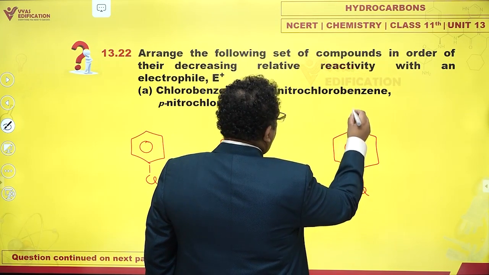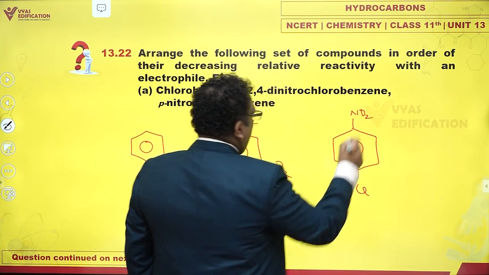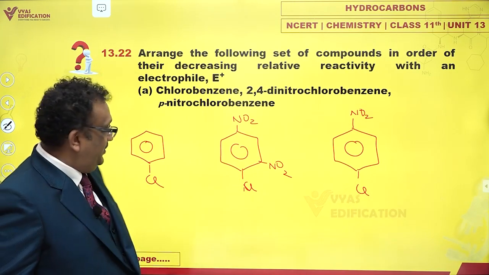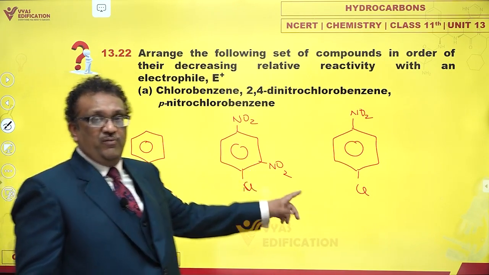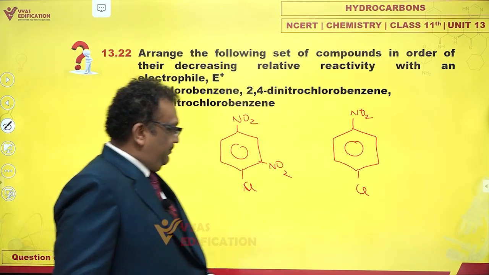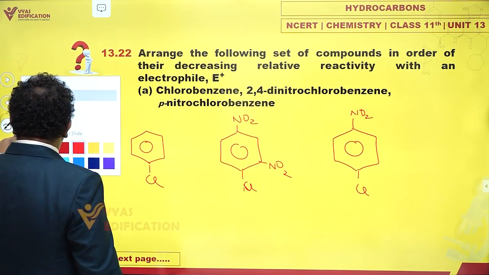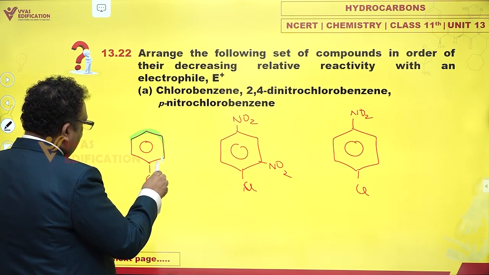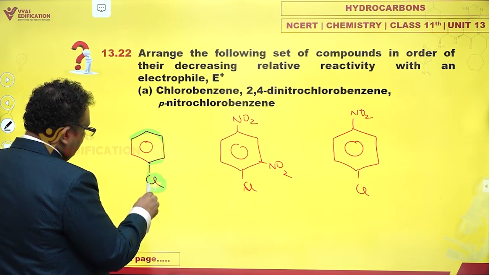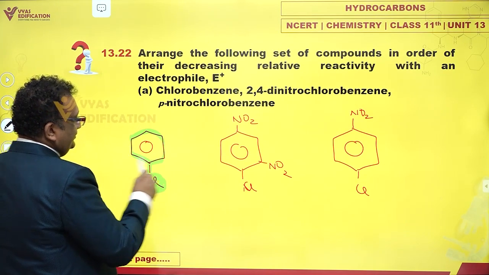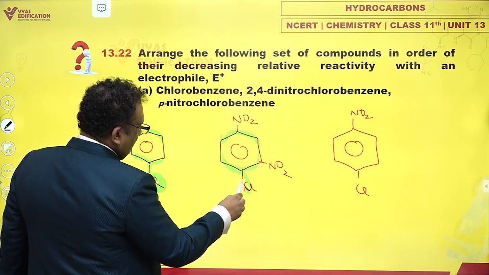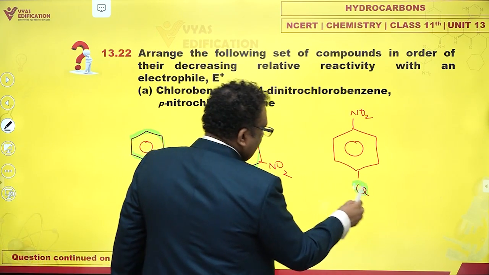First of all, please appreciate that NO2 is a very strong electron withdrawing group. Chloro itself is an electron withdrawing group, but please note that chlorobenzene happens to be the same in all these cases. If you just look at this portion, chlorobenzene. It is the same chlorobenzene here. It is the same chlorobenzene here.